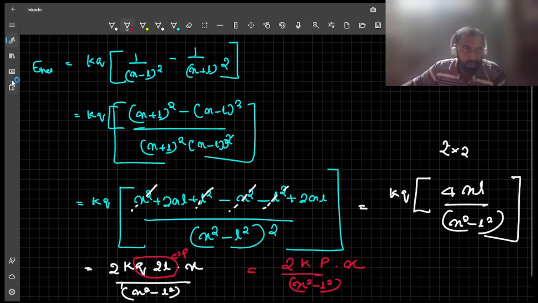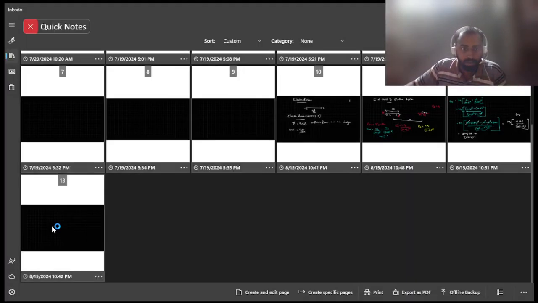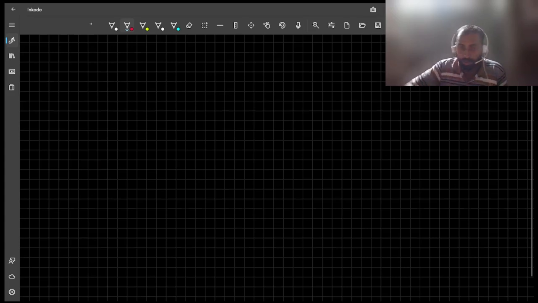How up to this it is clear? So what was my equation? E net is 2kp by x square minus L square into x.